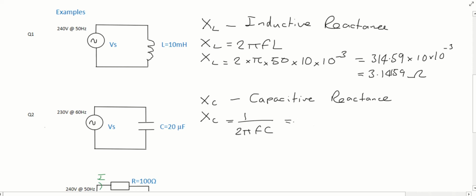So in this particular question, if we look on our circuit, you'll notice that this is 1 over 2 pi, times frequency, which this time, for those that are observant, is 60 hertz, and it is times 20 microfarads. The unit of capacitance is times 10 to the minus 6 this time.